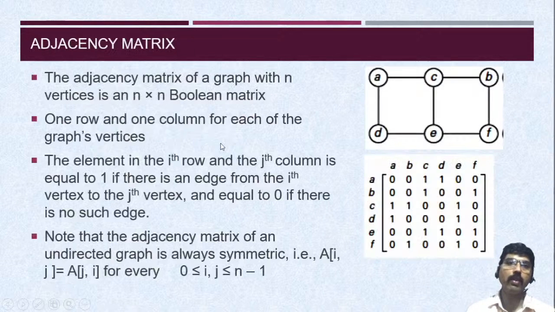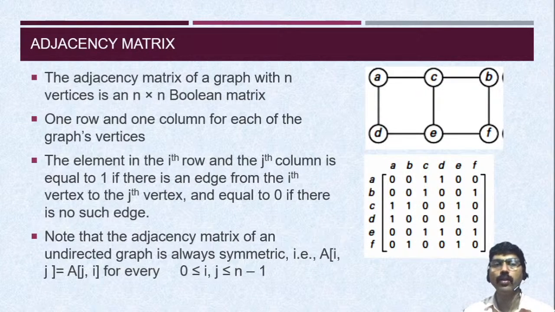The first one is called the adjacency matrix. Now this is the graph and the adjacency matrix of this graph is written here. So what is the meaning of that? I will explain.